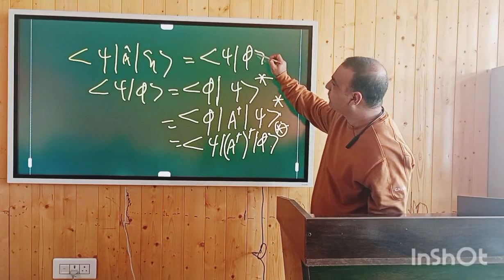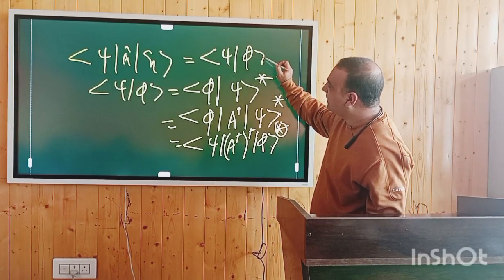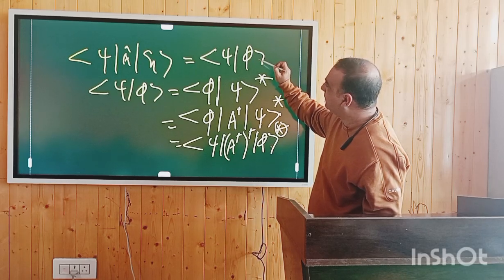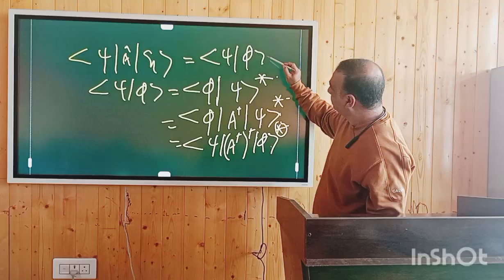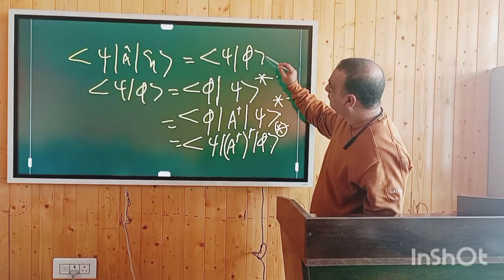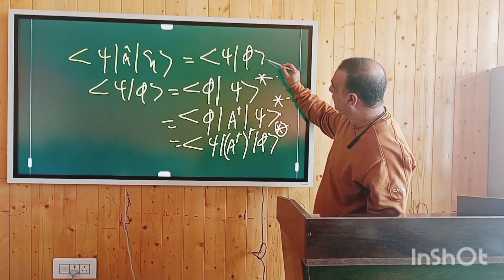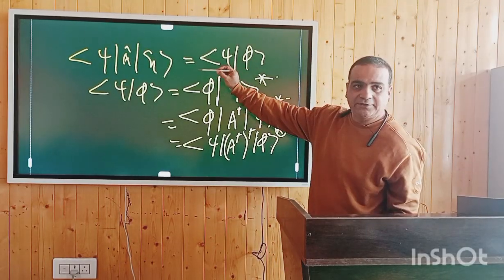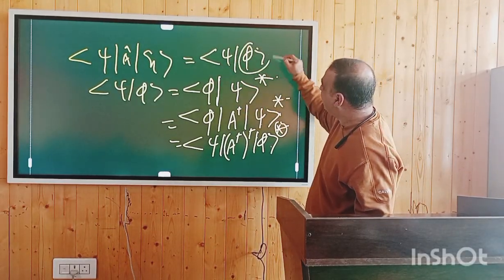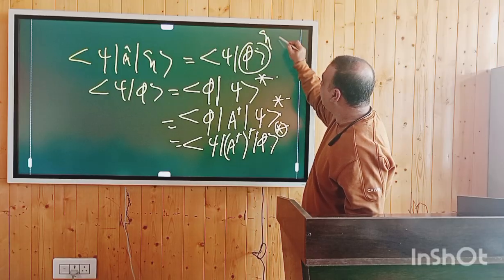So here I have written it wrong. I have written a different vector over here, okay? Because I am talking about a Hermitian operator, it has to be the same state. It has to be zeta.